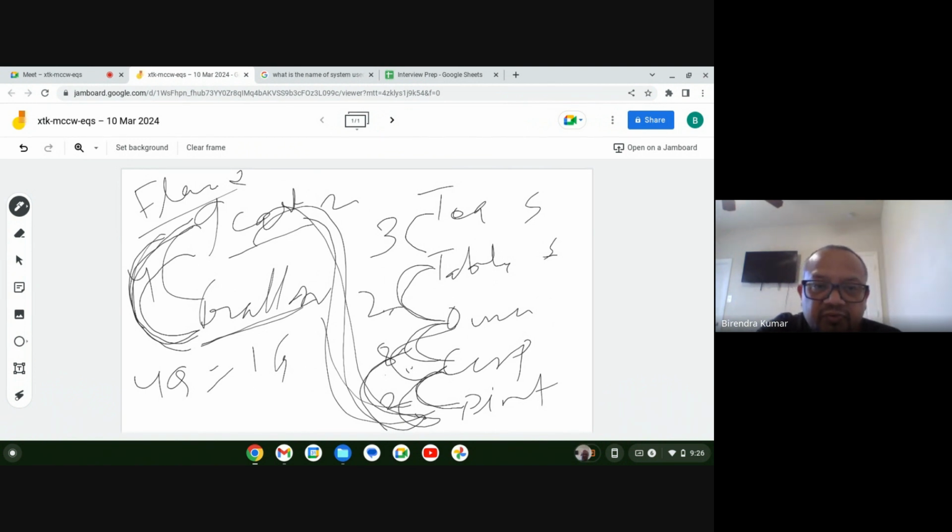My bad. We are going from gallon to quart, quart to pint, pint to cups, cups to ounce. So 4 into 2 into 2 into 8. So that is 4 into 2, 8 into 2, 16 into 8, 128. Sorry, my bad.